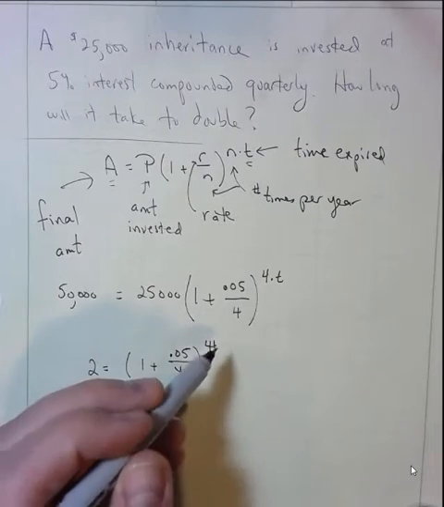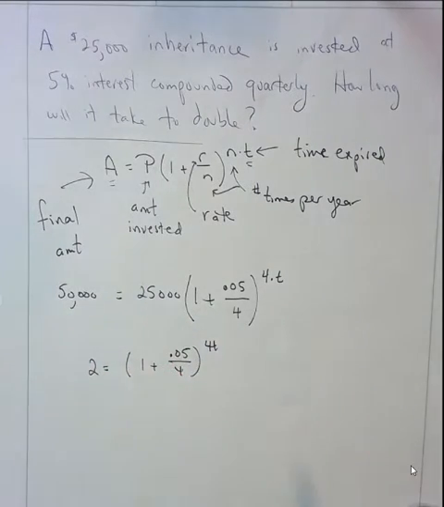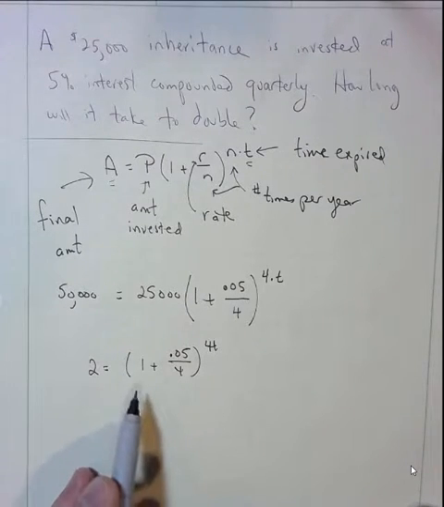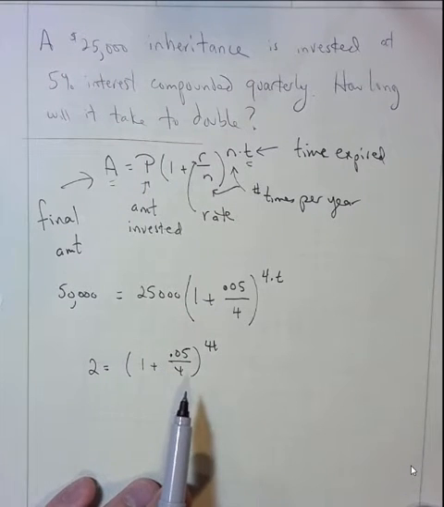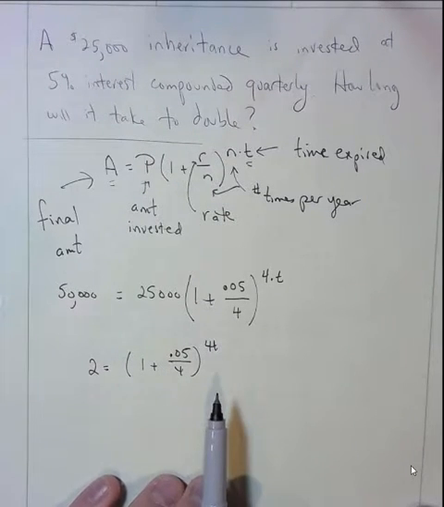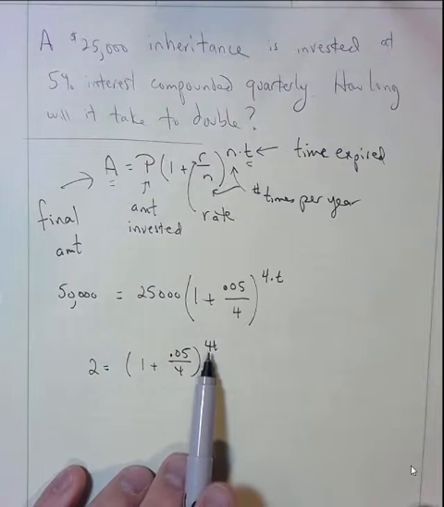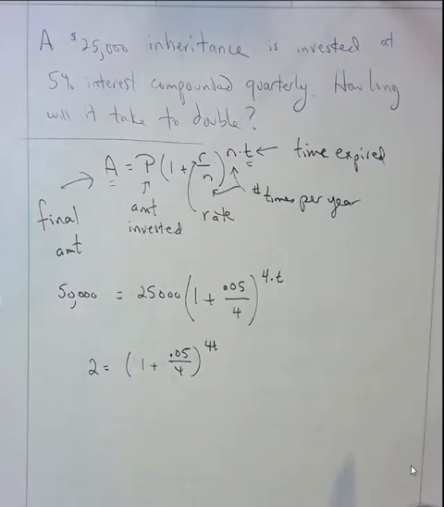Now, the variable that we're after is buried up in the exponent, so we need to kick the terms out of the exponent and put them down in the same line as everything else, and that is a job for logarithms. When you don't have any other reason to pick a logarithm, you could pick a log base 10 or a natural log, apply it to either side, and then we're going to use the property that the log of something to an exponent allows that exponent to move down in front.